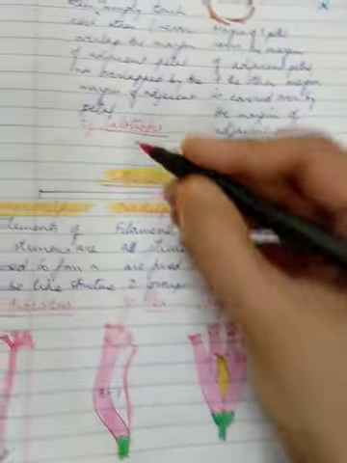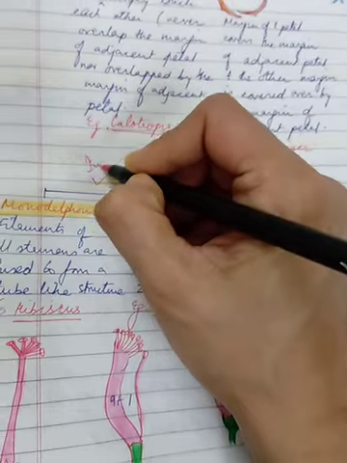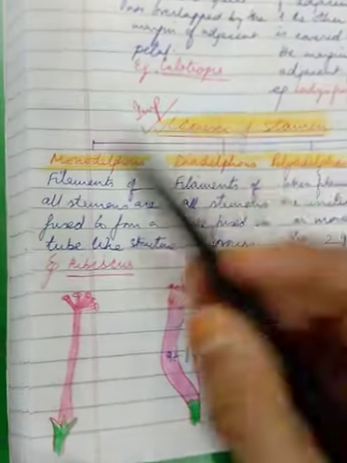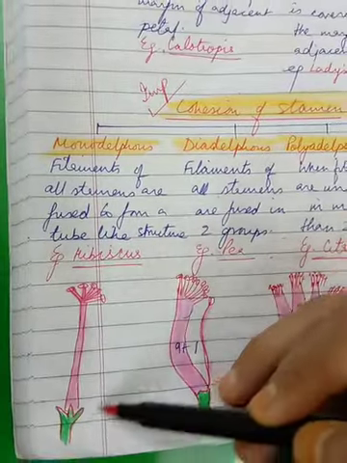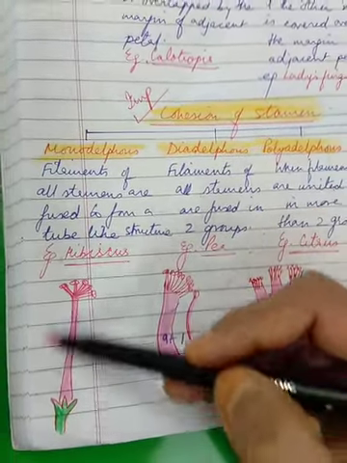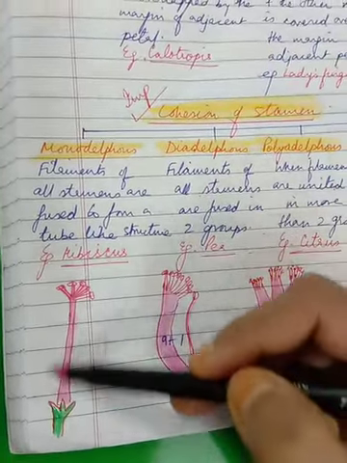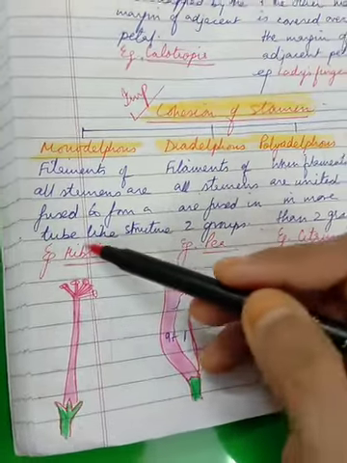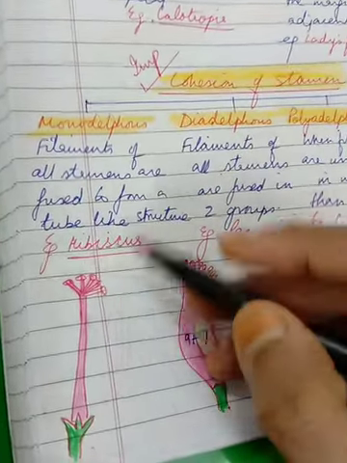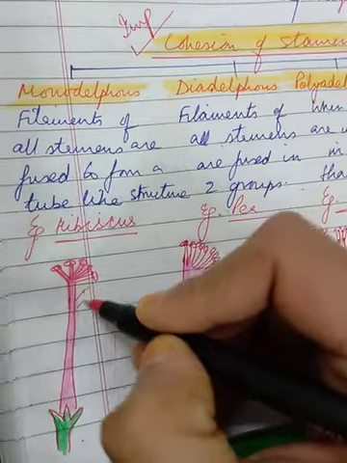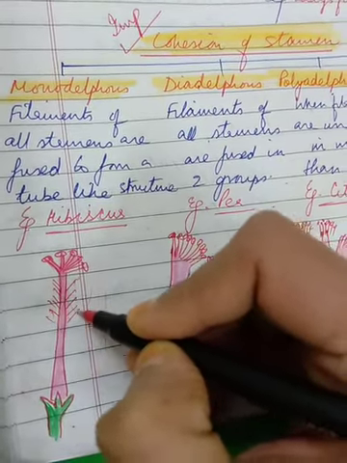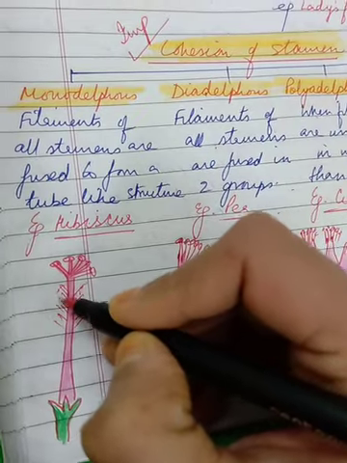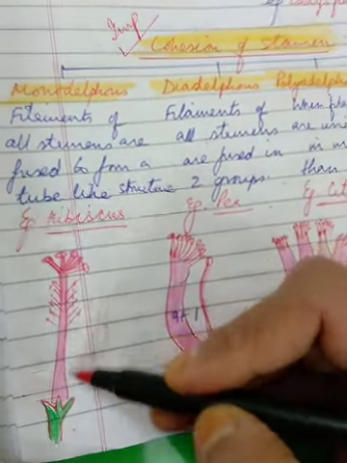Very important, children. A totally new thing you are studying. Please understand carefully. Mono means 1. Imagine this is the China rose, right? All of you have seen it also, done in practicals in classes 9th and 10th. Now what you have seen is that there are hundreds of stamens and they all are joined to form one staminal tube.